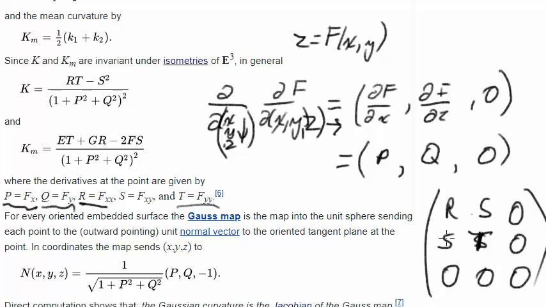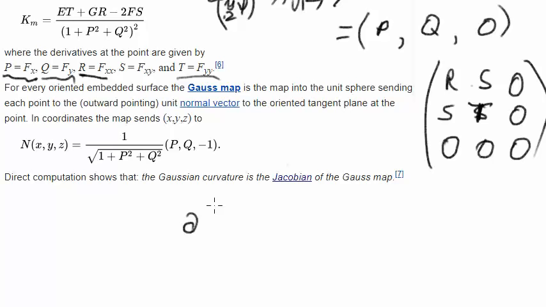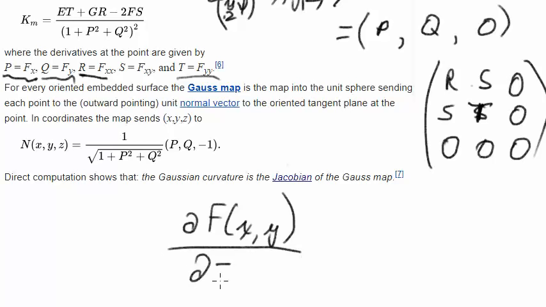I guess there's one little ambiguity here, because what is del f sub z, or del f of x comma y over del z? Well, it's definitely 0.